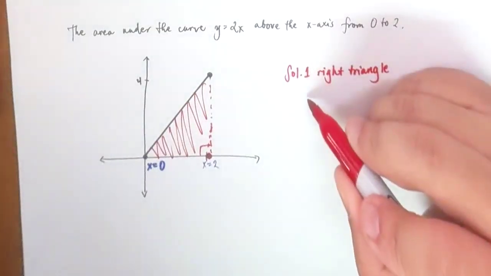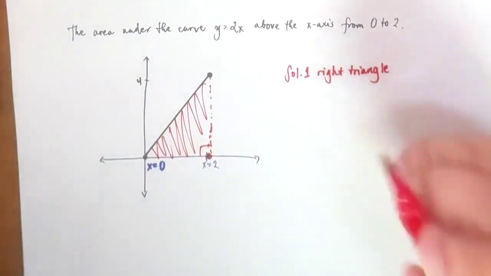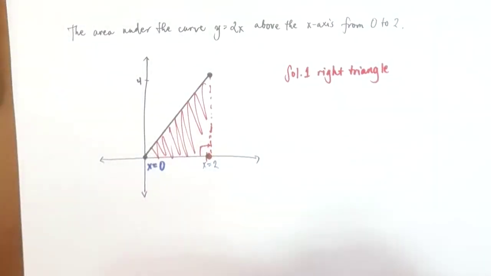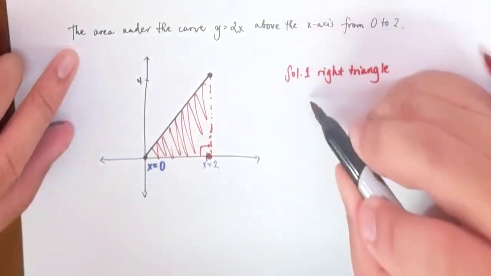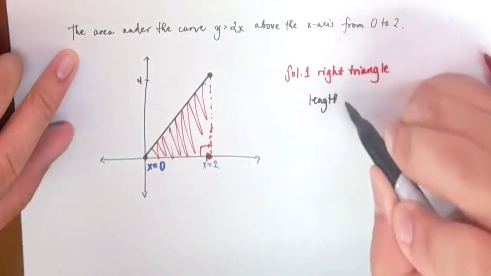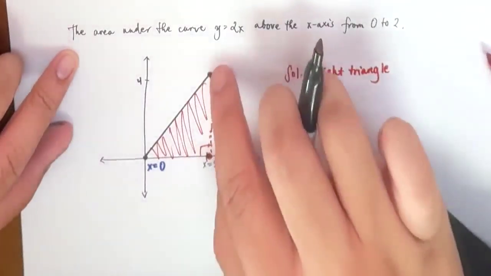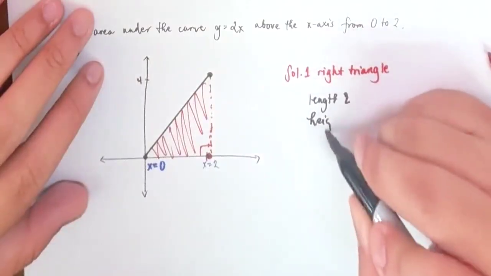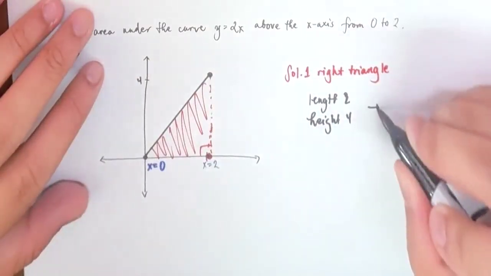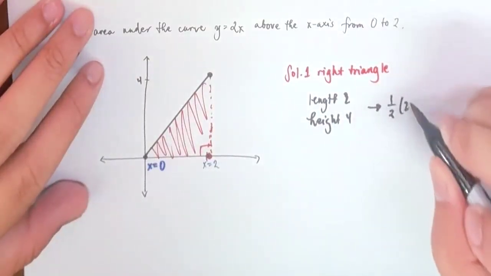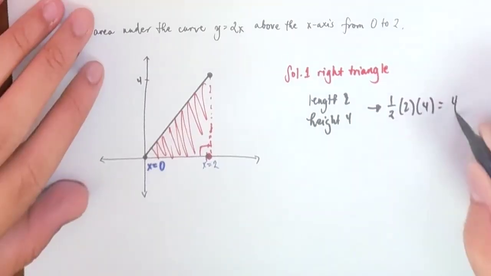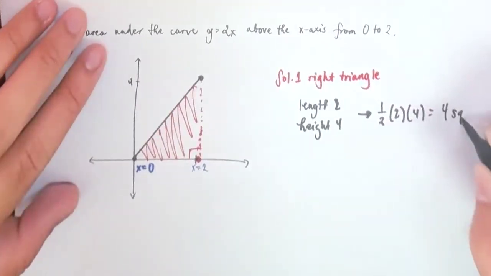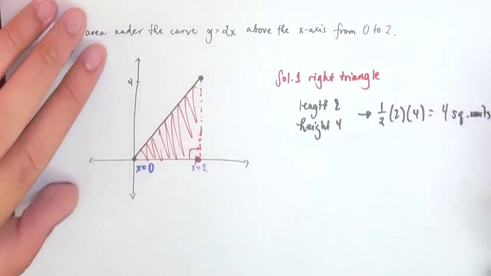The length is 2, and the height here is 4, right? Therefore, 1/2 times 2 times 4 is 4 square units.